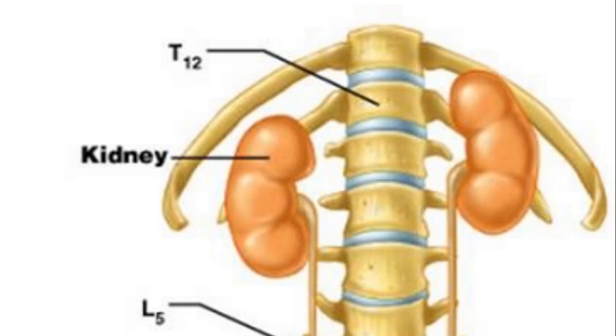If we talk about the location of the two kidneys, first of all, you can see the left kidney is more superior than the right. The left one is superior in location to the right kidney. Both of them occupy the epigastric, hypochondriac, lumbar and umbilical regions.